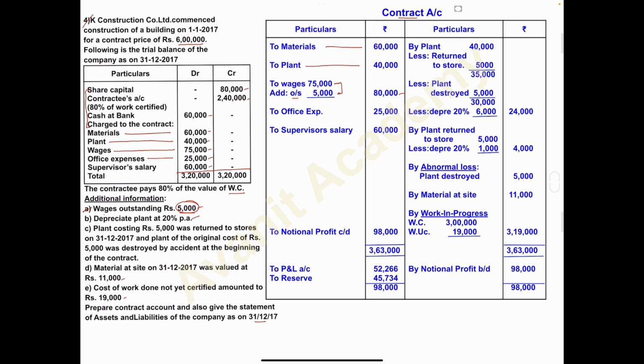To office expenses, amount is 25,000. Supervisor salary, debit side, right? To supervisor salary 60,000.